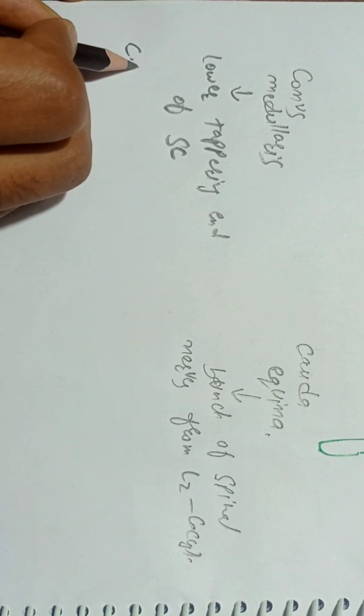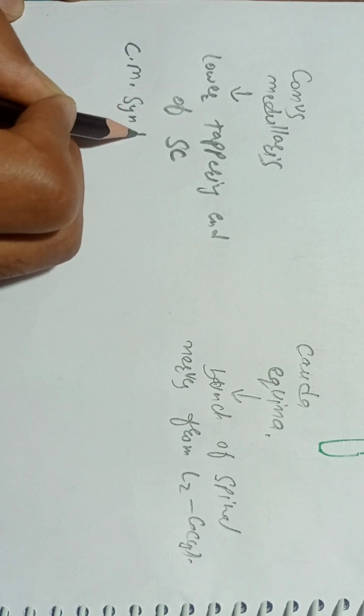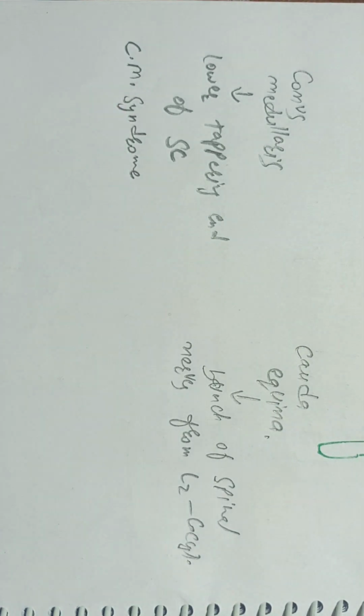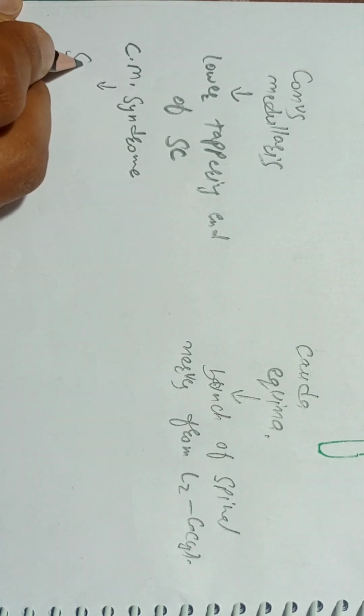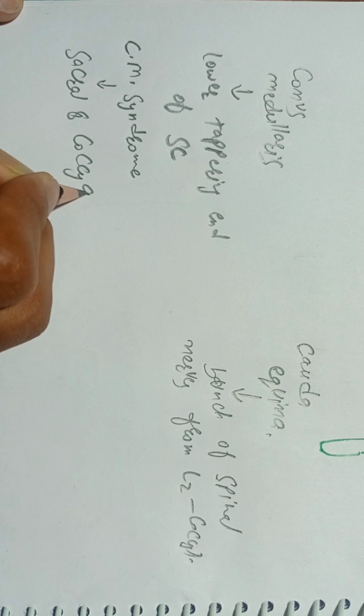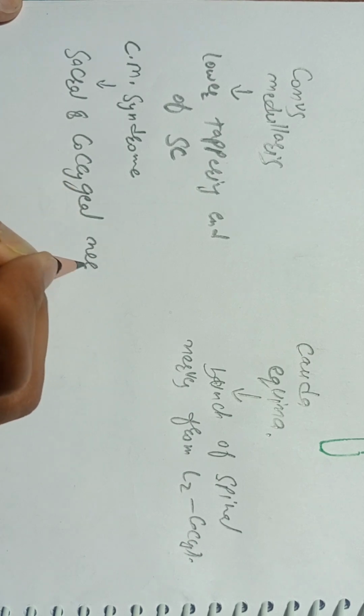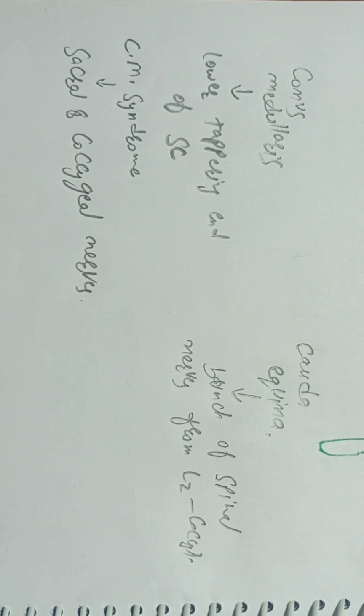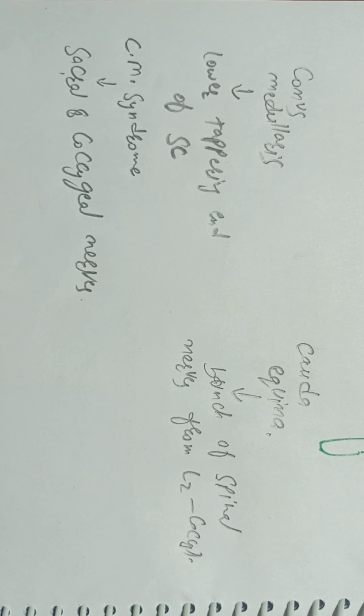In conus medullaris syndrome, if the conus medullaris is affected, the nerves arising from it are affected. Those nerves are the sacral and coccygeal nerves.